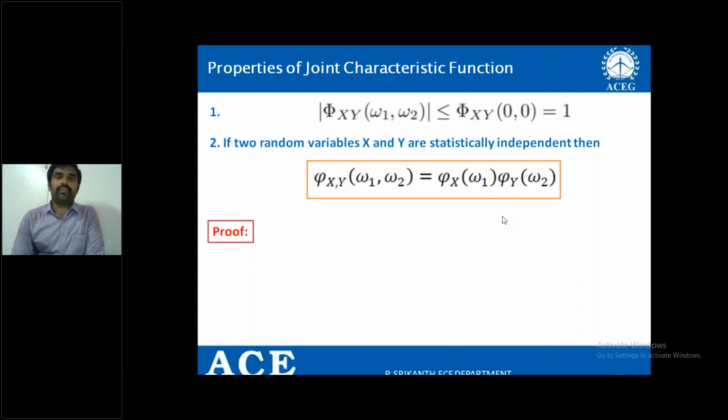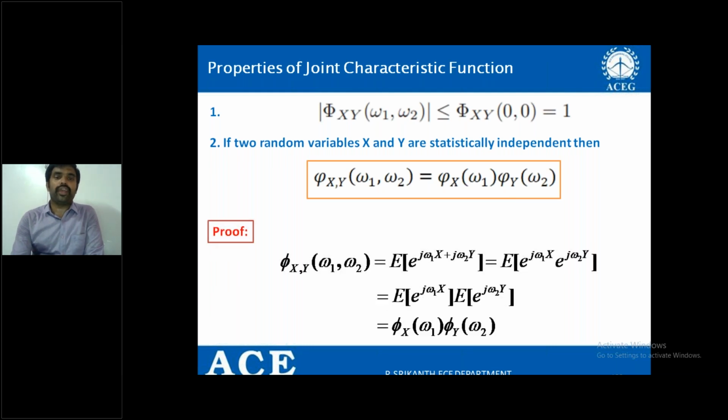Here we can also take a simple proof for this. Phi xy of omega 1 comma omega 2, as per the definition, is the expectation of e power j omega 1 x plus j omega 2 y. As per the property of the exponential term, I take e power j omega 1 x into e power j omega 2 y inside the expectation. For statistically independent random variables, the expectation follows the product property, so I write it as separate expectations: expectation of e power j omega 1 x into expectation of e power j omega 2 y.